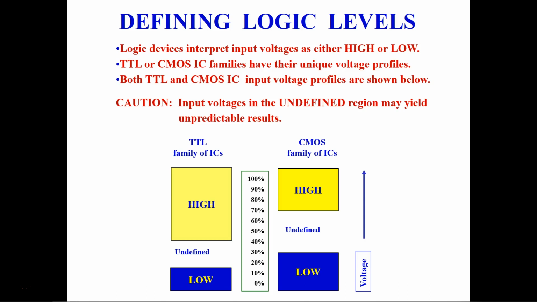For example, you will see in the lab the 7400 series, which is manufactured by Texas Instruments, and that is one of the popular TTL families. TTL power consumption is higher when compared with CMOS.